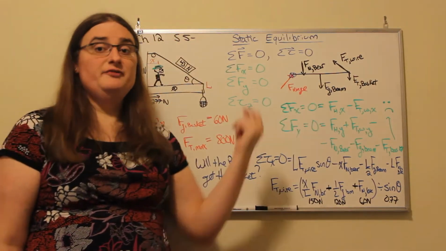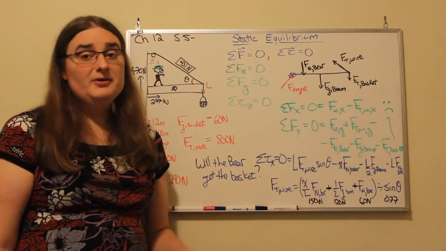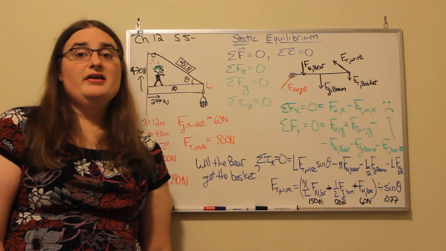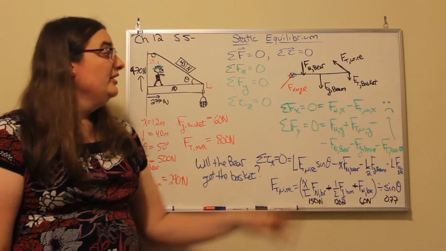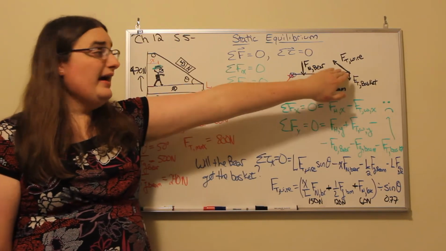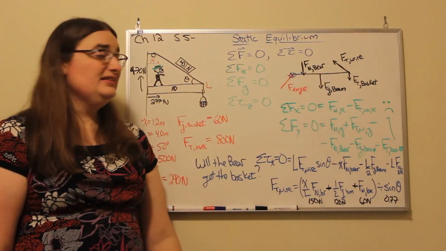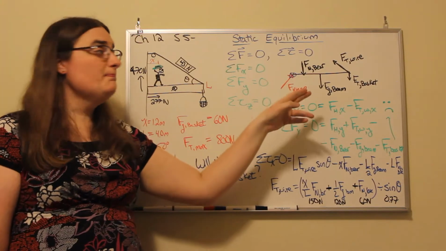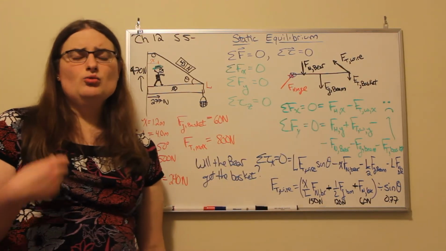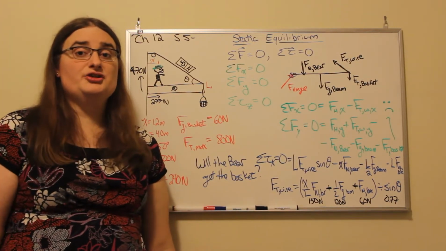The beam feels its own weight, and we're told the beam has a weight of 240 newtons. Now at the end of the beam, we have that cable at an angle of 50 degrees from the beam, and we know that we're limited to a force of 800 newtons.